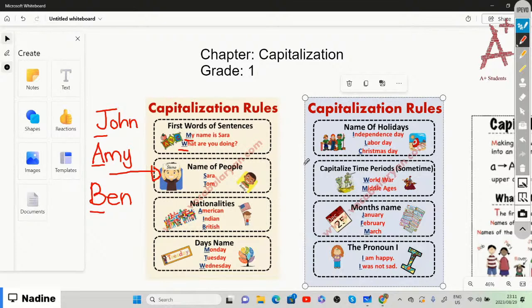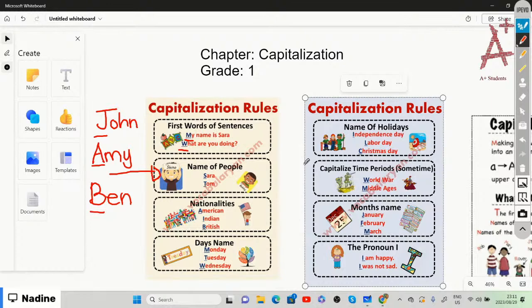So names of holidays, we capitalize. Even names of months. Like the same with days of the week, months of the year, we capitalize them. So you basically capitalize the first letter of that word.